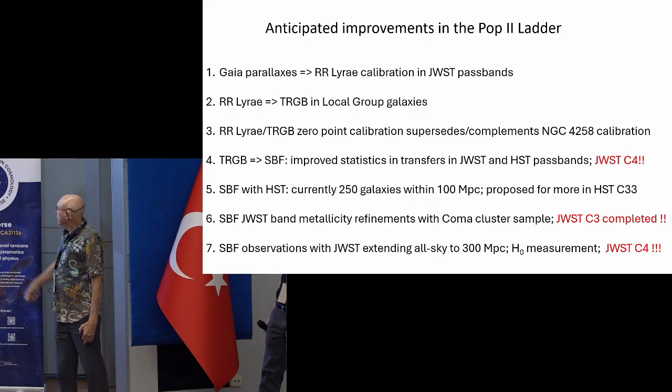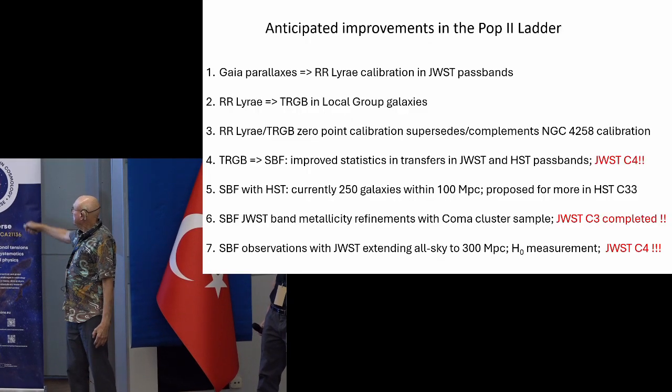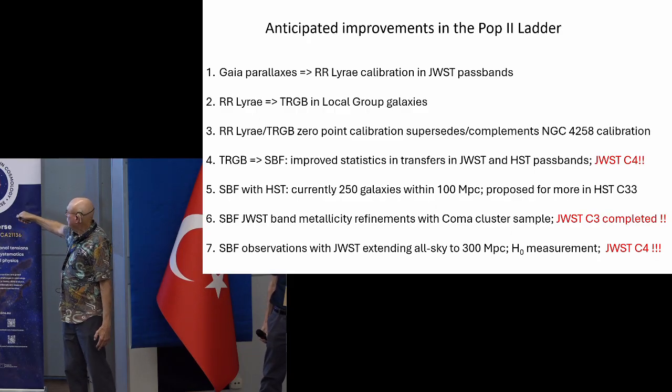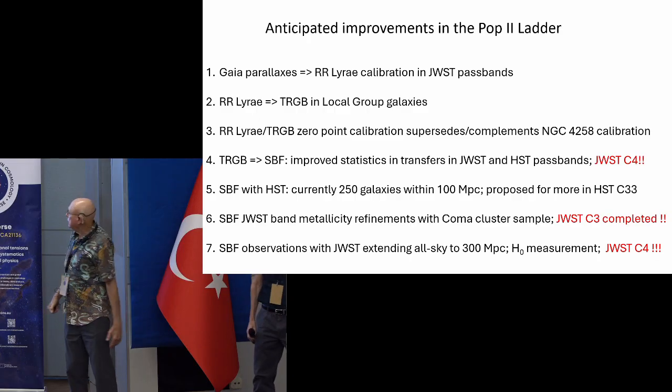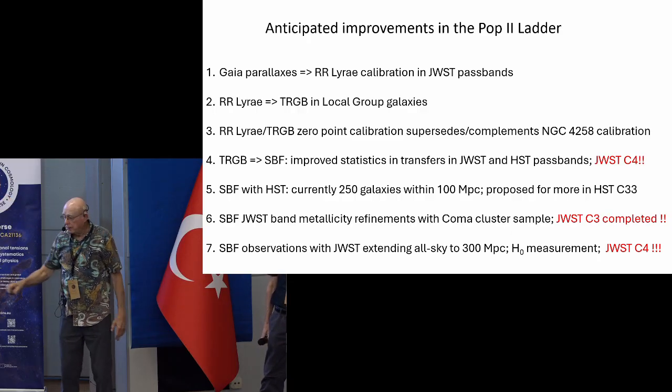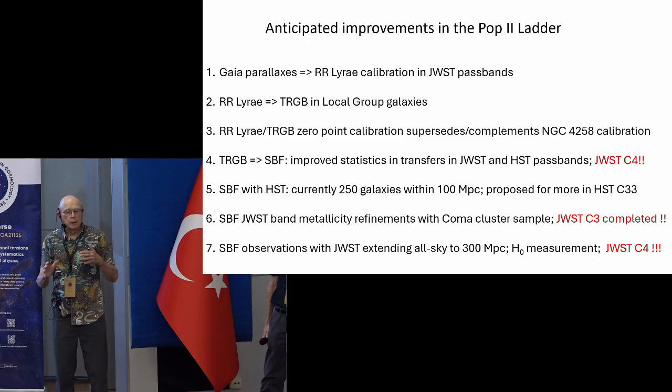This shows you what we've been doing. I was just telling you about the Coma cluster in cycle 3, which will be very good. In cycle 4, we'll be improving the linkages between TRGB and SBF.